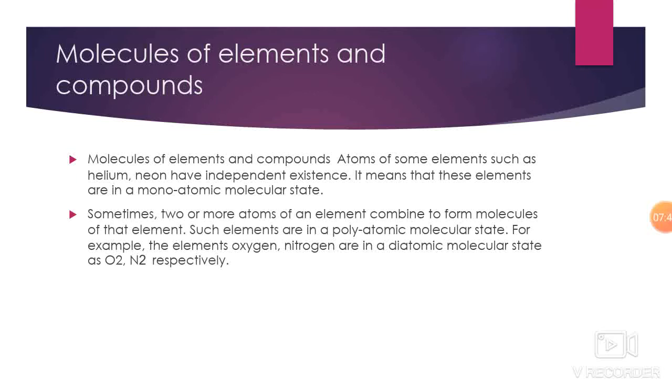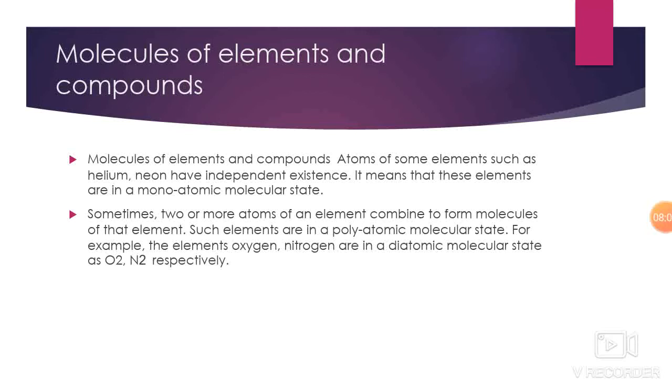Okay, you understood? Now the next sentence tells us that sometimes two or more atoms of an element combine to form molecules of that element. So what is a molecule? A molecule is when at least two atoms of the same type combine. Means one oxygen and a second oxygen, if they combine, then they form a molecule.